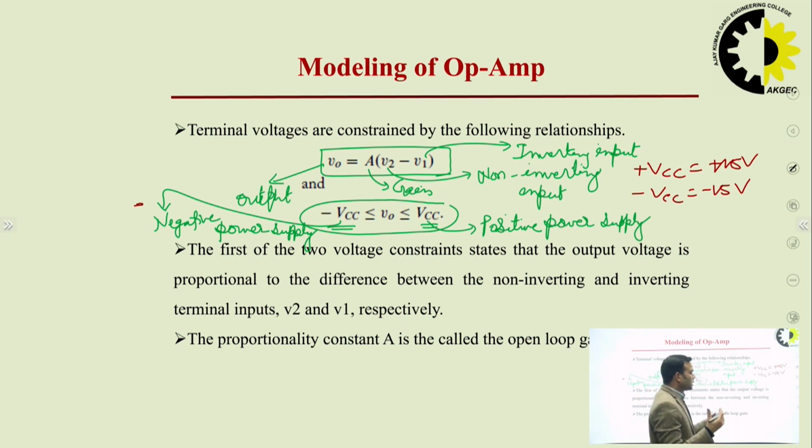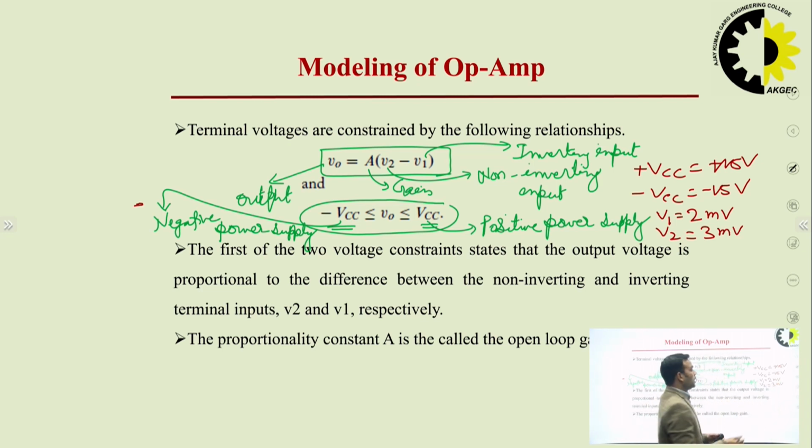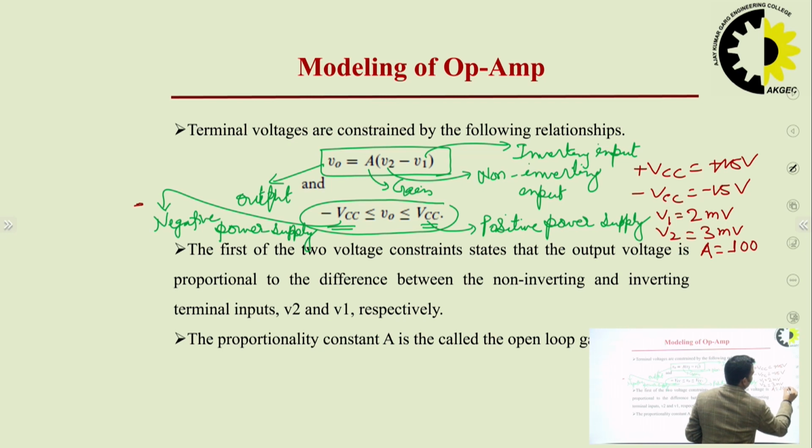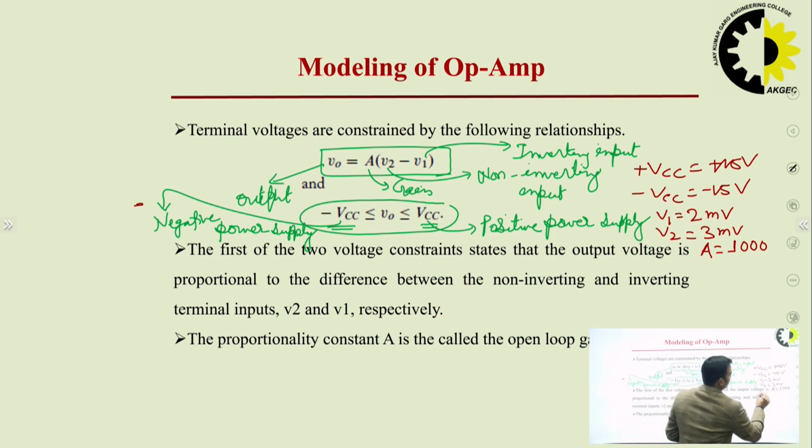And if input, let us consider that V1 is equal to 2 millivolt and V2 is equal to 3 millivolt and gain A is equal to 1000. We are considering this example. In this case, what will be output?